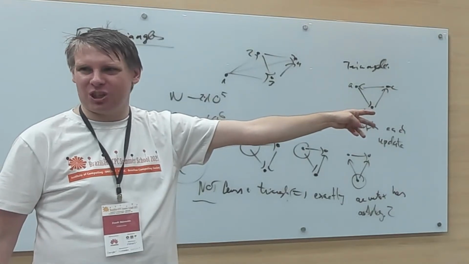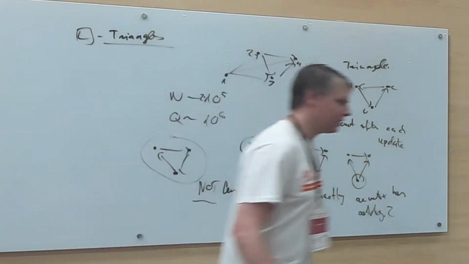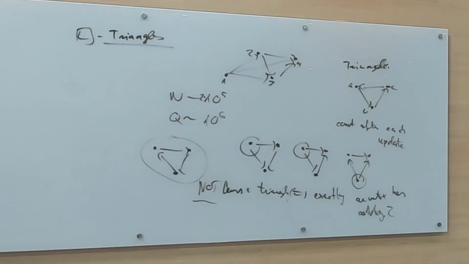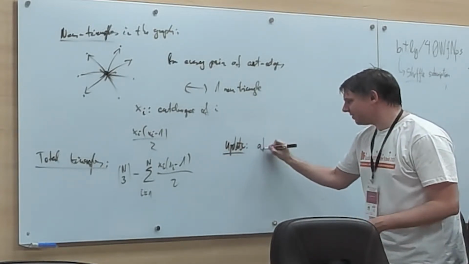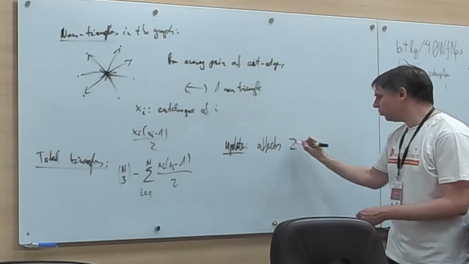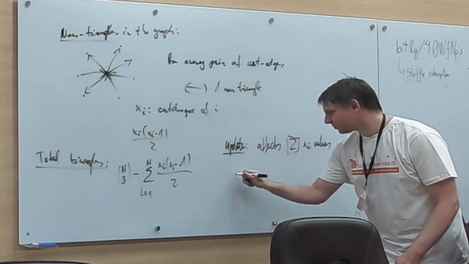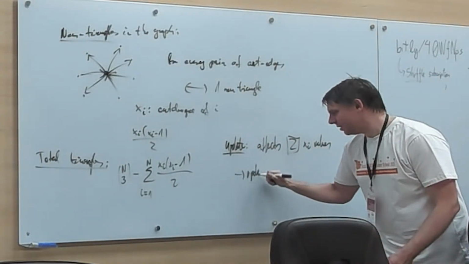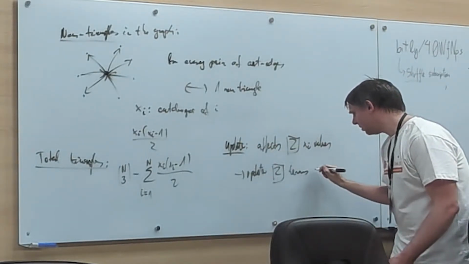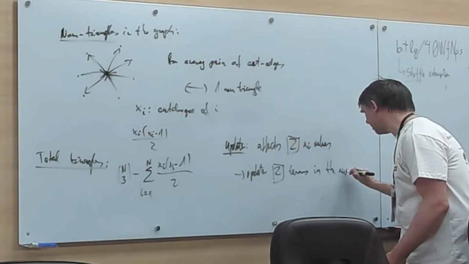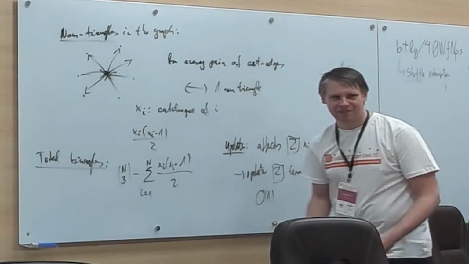For those two changed xi values, you just update the formula by the difference. So an update affects two xi values, so you update two terms in the sum. And that's it. This is a constant time update.